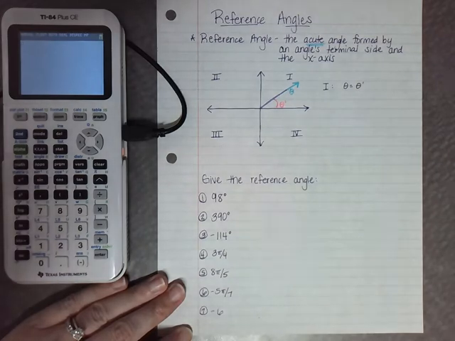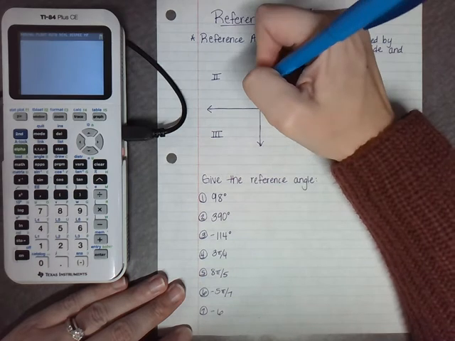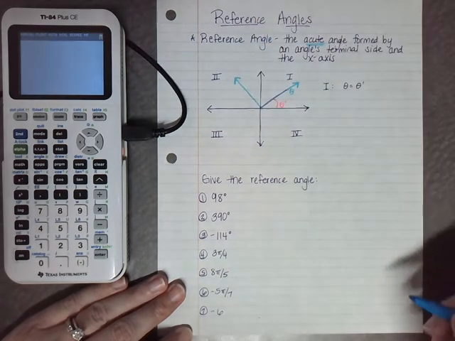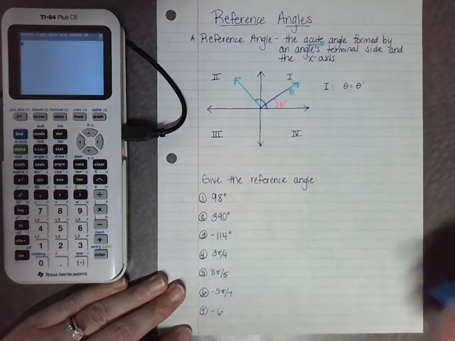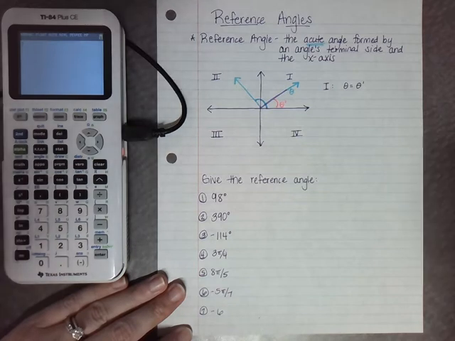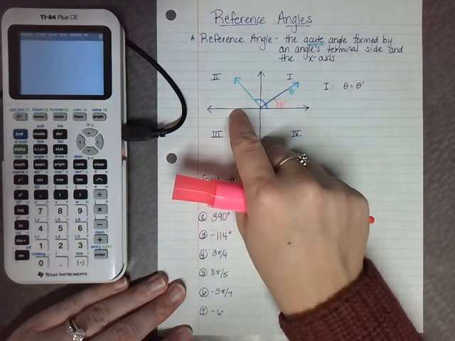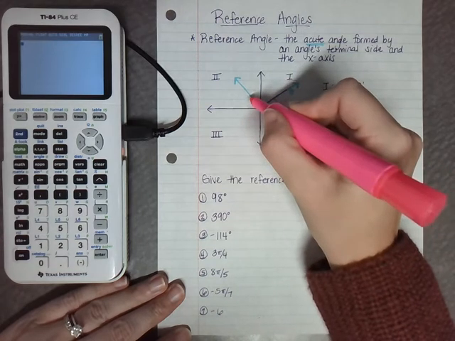All right, let's say you're given an angle in quadrant 2. So this is the angle I'm given, something greater than 90 degrees. But now this side of the x-axis is closer to my terminal side. So now my reference angle is here.